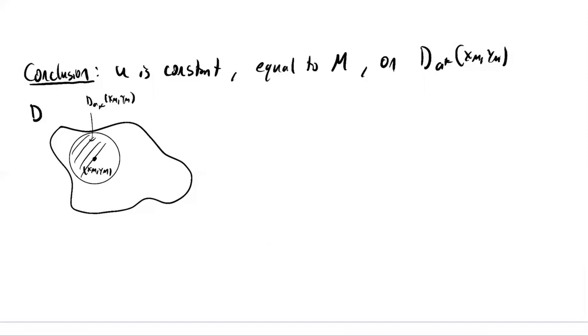Well, everywhere in this disk, we just showed that u has to be constant. Then in particular, there's another point here where u is also equal to the maximum. This is just trivially true because we've shown it's equal to m at every single point in this disk.